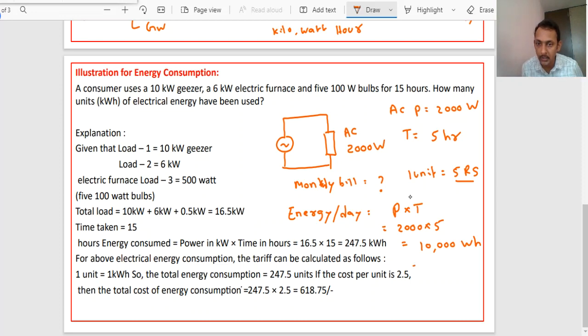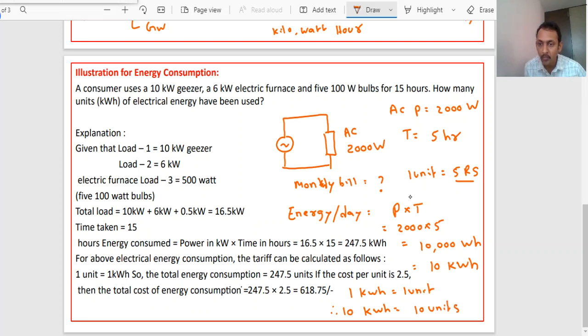So it is around 10 kilowatt hours, but 1 kilowatt hour is equal to 1 unit.